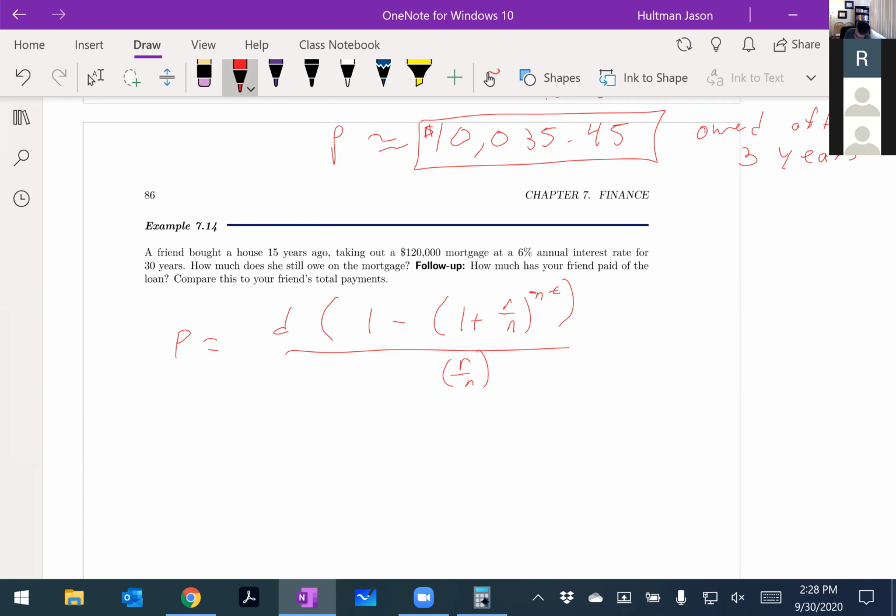The total purchase price of the home is $120,000. That's going to allow me to find the payment information. What will the monthly payment be? So this is 1 minus 1 plus 0.06 over 12, and this is over 30 years, so negative 12 times 30, all over 0.06 over 12.